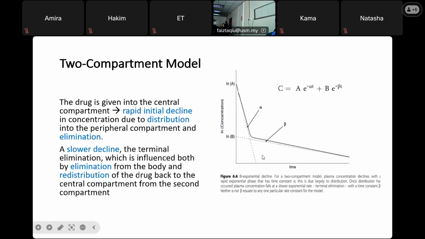The B line is the slower decline, which is the elimination from the body and the redistribution from the peripheral to the central.